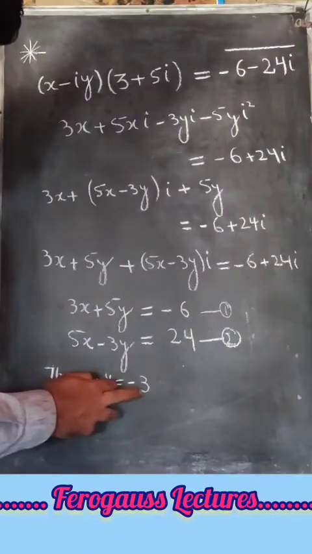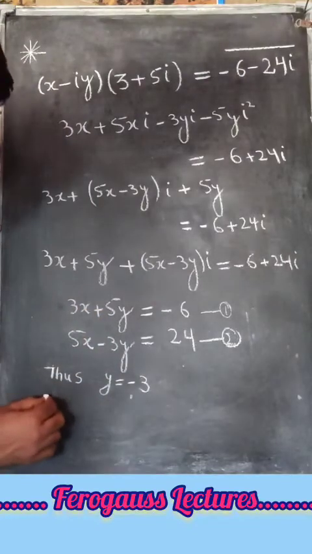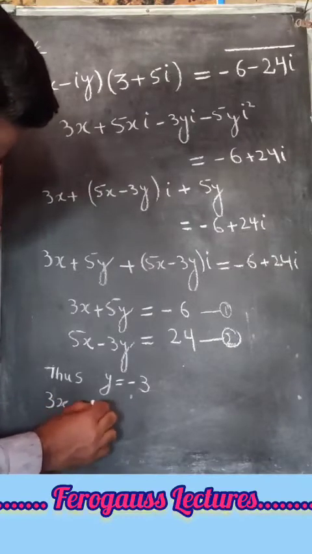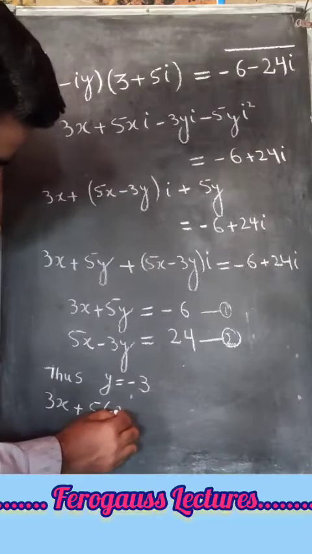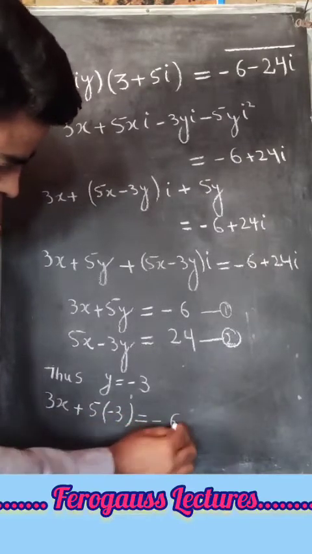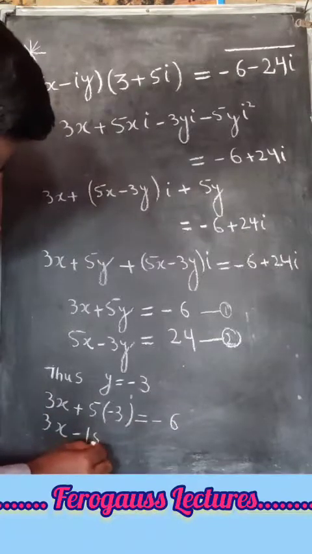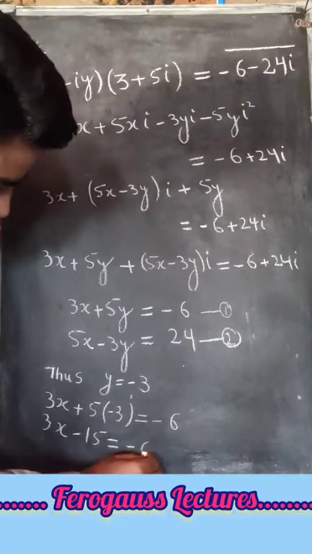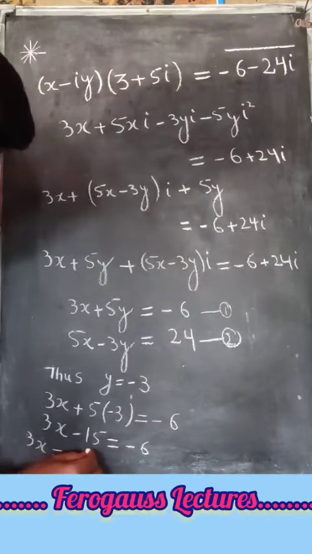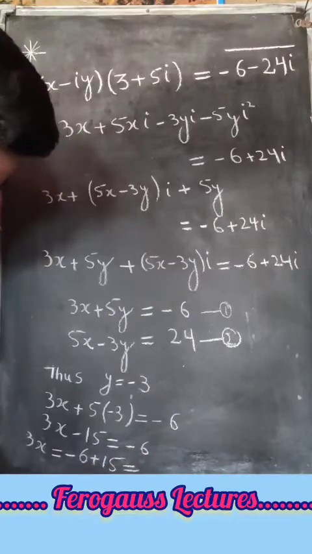We use y is equal to minus 3 in equation first, we get x. So we can write 3x plus 5 times, instead of y we write minus 3, equal to minus 6, or 3x minus 15 is equal to minus 6, or 3x is equal to minus 6 plus 15, that is equal to 9.